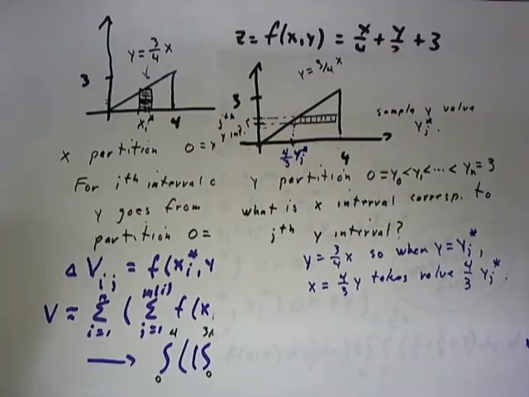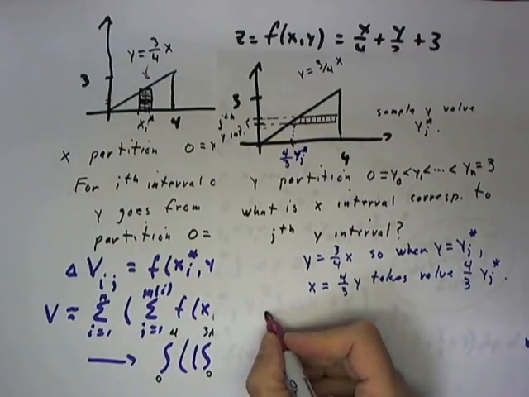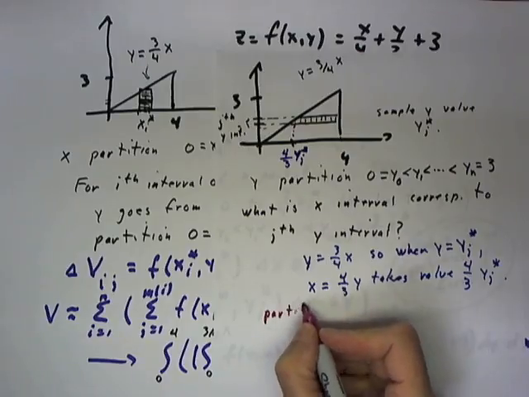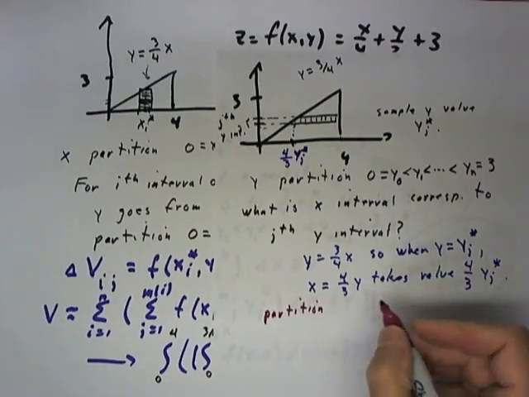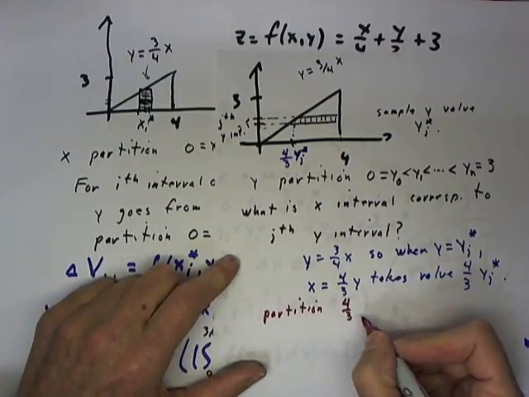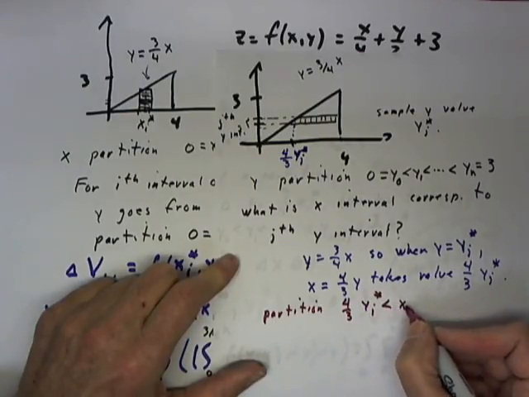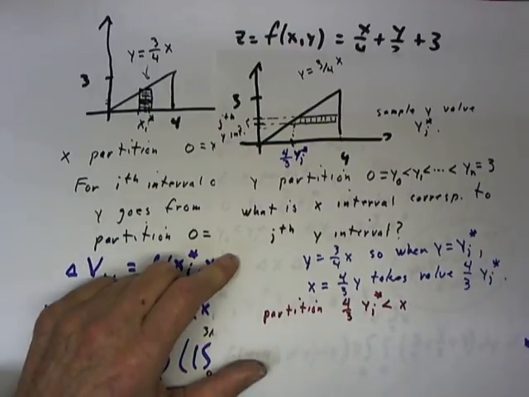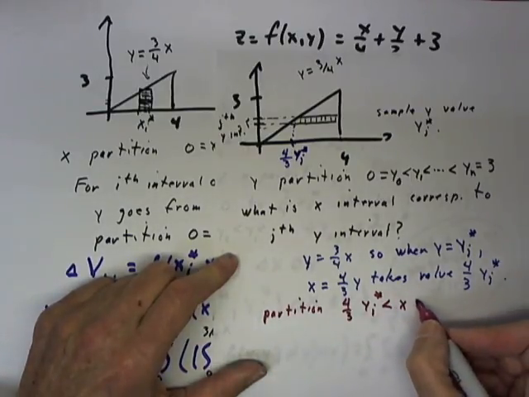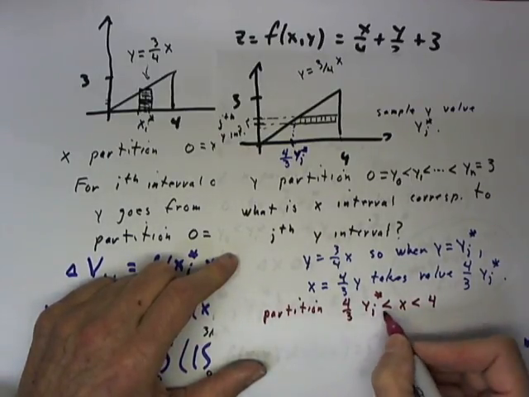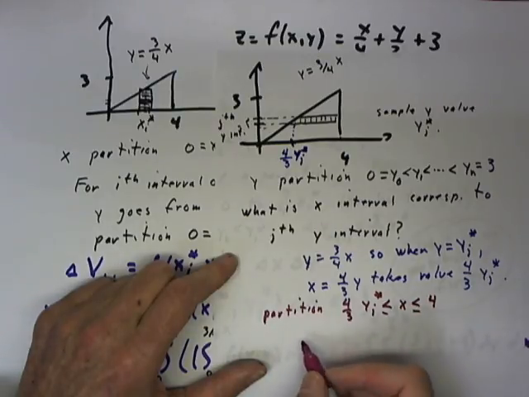So now our partition for x is 4/3 y sub j star less than x, less than 4, or less than or equal to x less than or equal to 4.